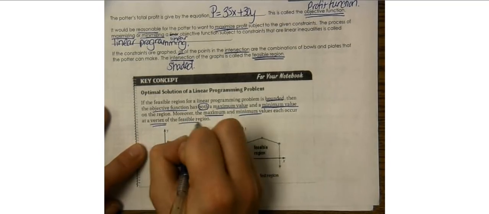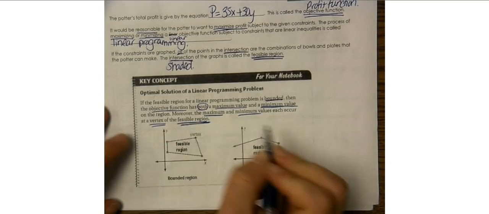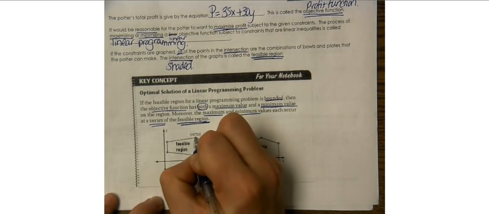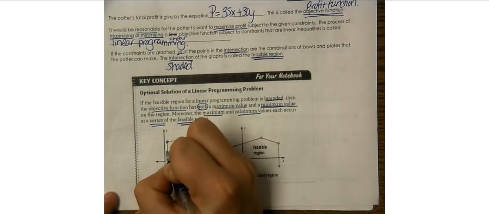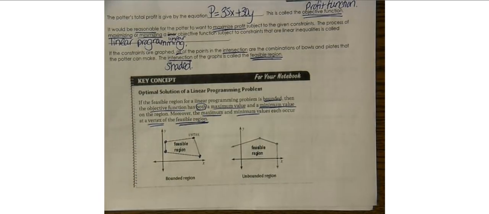So what you're going to do is identify each vertex, and substitute the ordered pairs of each vertex, of each corner point, into the profit function. And whatever ordered pairs produce the largest number, that's your maximum profit. And whatever ordered pairs produce the smallest number, that's going to represent your minimum profit.